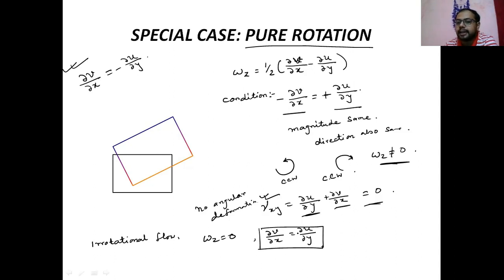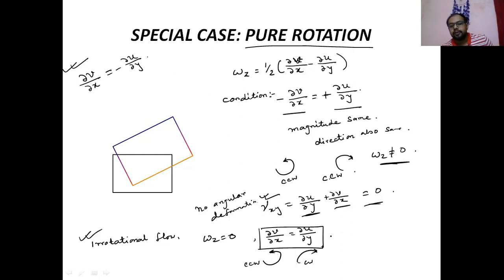Both are the same in magnitude and the direction is opposite, because del v del x is the counterclockwise direction and del u del y is the clockwise direction. Both have the same magnitude, but the direction is opposite. Then in that case we can say it is an irrotational flow.